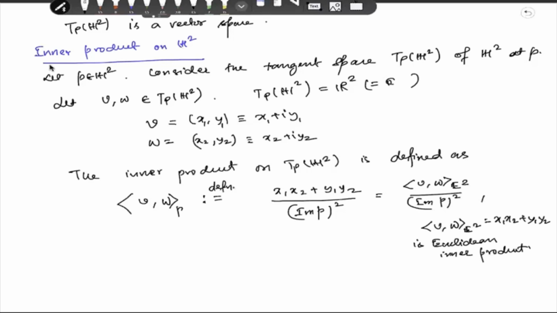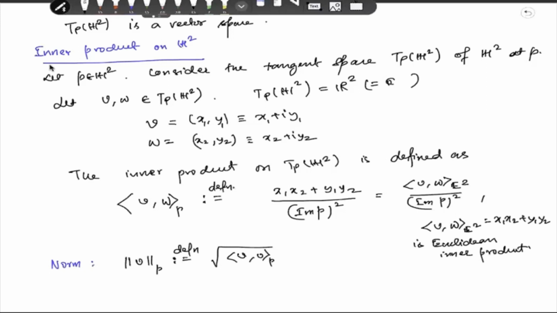Okay, so I have defined this inner product. And now what do you mean by the norm of a vector? The norm of a vector is denoted by a symbol, and as per the definition, it is the square root of the inner product of V and V. And now I'll define what we mean by the angle between these two tangent vectors.